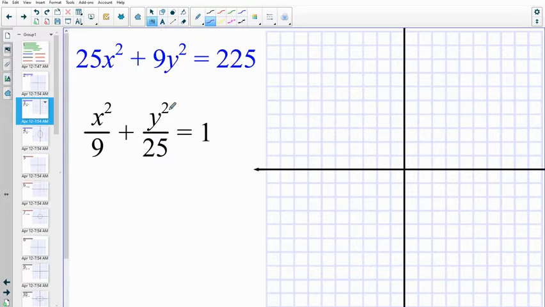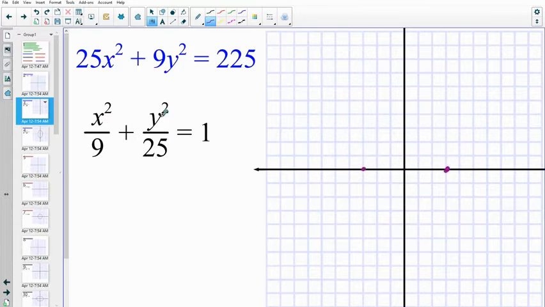Then graphing it, first, I guess we should identify that this is an ellipse. And so as I'm graphing my ellipse, I look at the x squared term. The denominator of the x squared term is a squared. And so a is 3, which means our horizontal distance to the ellipse is 3 in both directions.